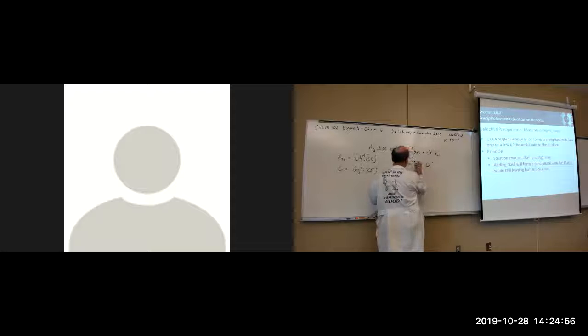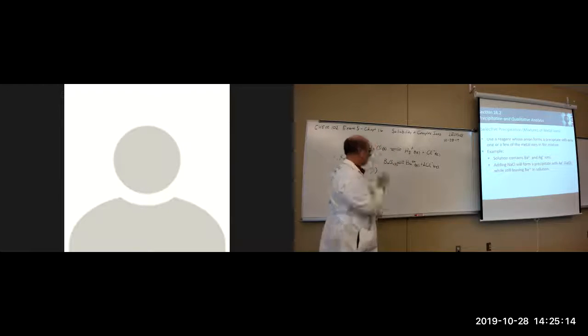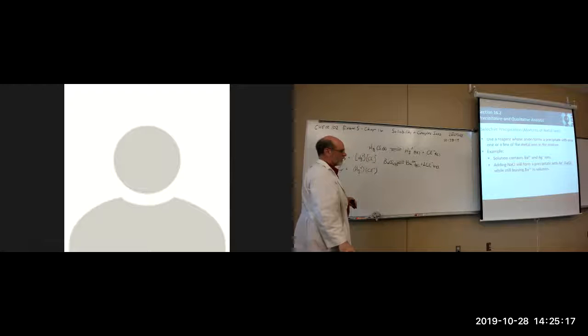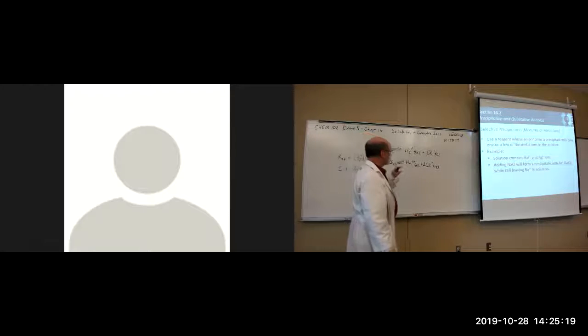Well, adding chloride will precipitate out silver, presumably, and adding chloride will also precipitate out barium chloride. Okay, so what we want to know is how much chloride can we add to precipitate out silver and leave the barium behind?